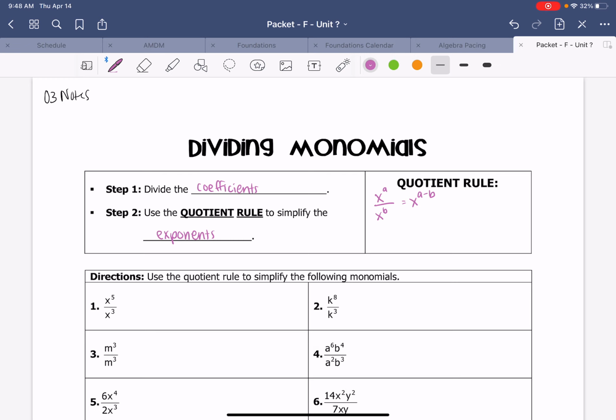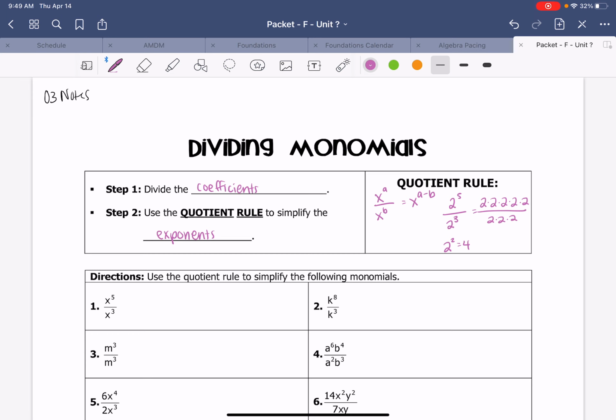Why does this happen? Let's say we had 2 to the 5th power divided by 2 to the 3rd power. Based on my rule, I know this should give me 2 squared, which is 4. So let's check it. 2 to the 5th power is five 2's multiplied together. 2 to the 3rd power is three 2's multiplied together.